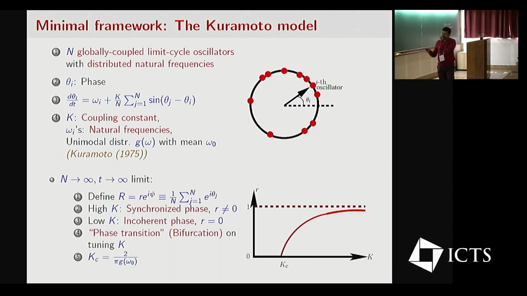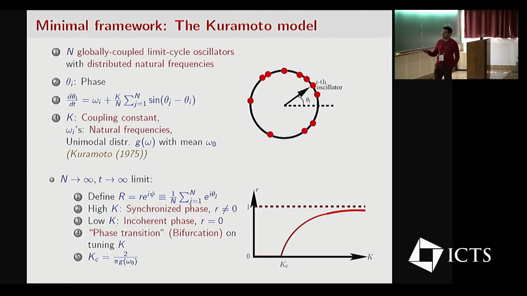This system has been studied extensively, and what has been shown by many people is that if you are in the limit of a large number of such oscillators and you wait for long enough time, then the system goes into a stationary state in which it shows a phase transition, or more precisely a bifurcation, between a synchronized phase and a non-synchronized or incoherent phase.